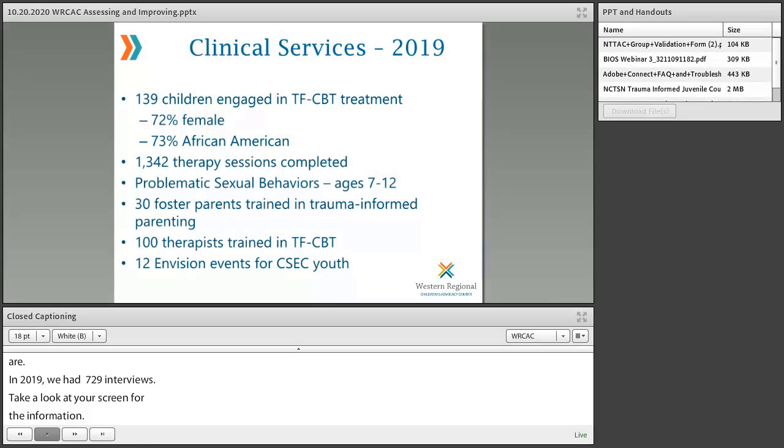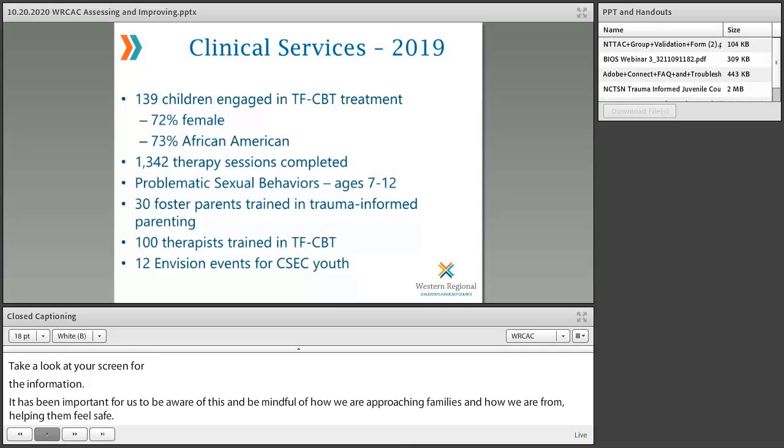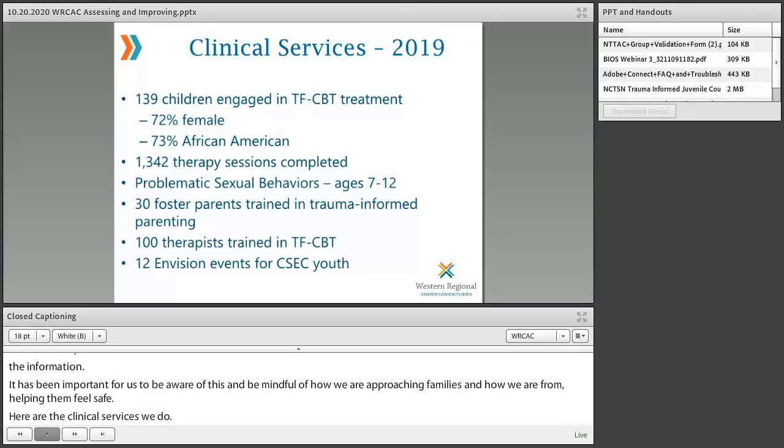And then a little bit about our clinical services. We served 139 children in therapy. That meant 1,342 therapy sessions were completed last year with those 139 children. The treatment model that we use is TF-CBT, Trauma-Focused Cognitive Behavioral Therapy, which I'm sure many of you are familiar with.